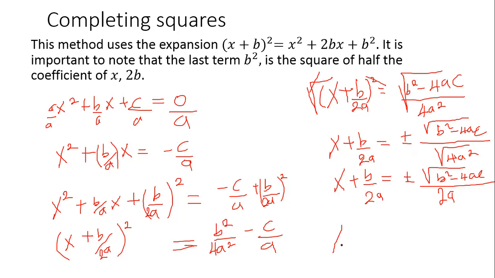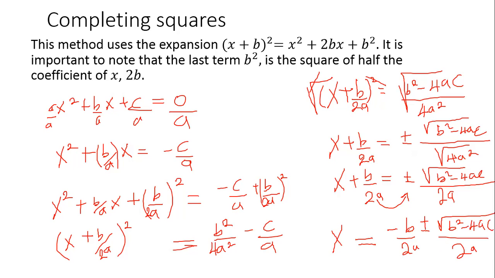So finally, when we make x the subject, this will cross to the right hand side and it becomes negative b plus or minus root of b squared minus 4ac divided by 2a.